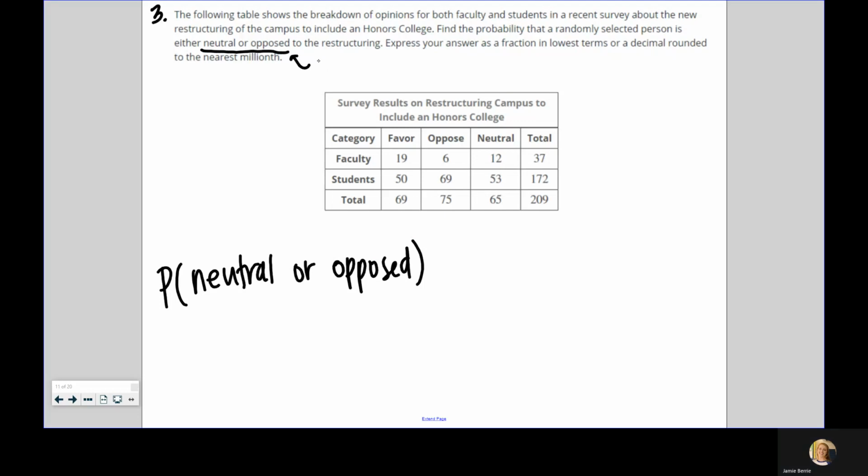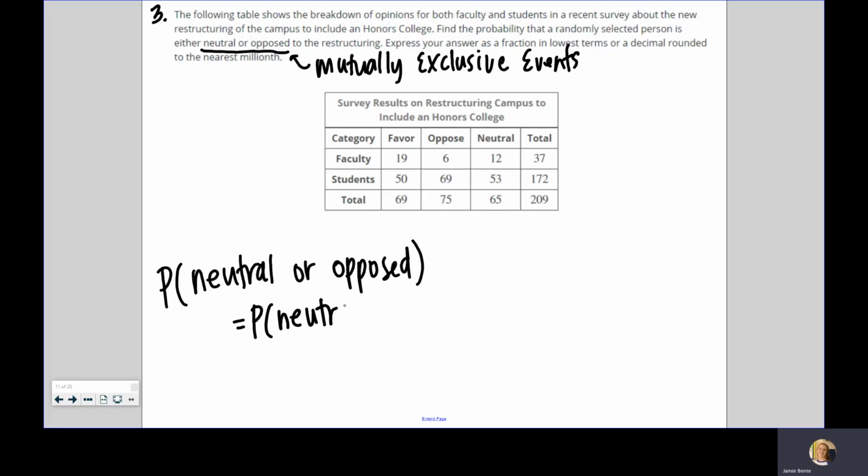These are mutually exclusive because someone could not be both opposed to the restructuring and neutral about the restructuring at the same time. So we're using the addition rule for mutually exclusive events, which says that it's just the probability that someone is neutral plus the probability that someone is opposed.